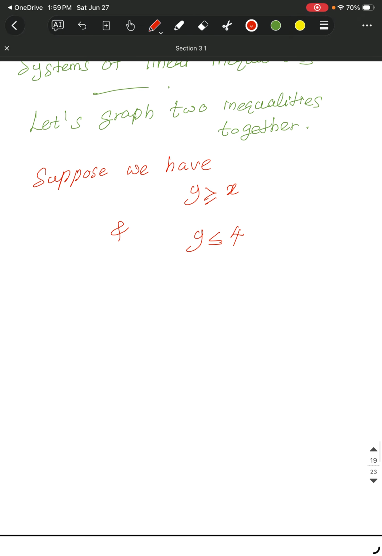Okay, first graph the two inequalities. So this should be y equals x. This should be y equals 4. And both are solid lines.